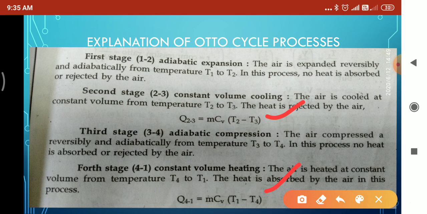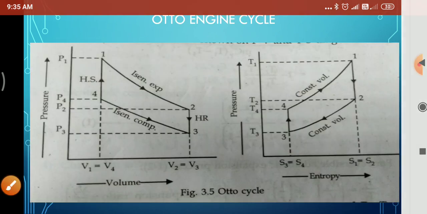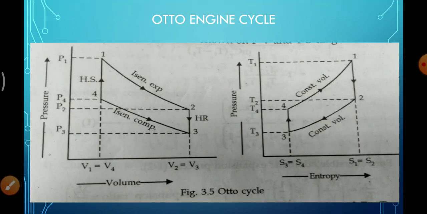And in the first stage and in the third stage, heat remains constant. That's why there is no supply or rejection of heat from the system. In this cycle, heat is supplied or rejected when volume remains constant. That's why this is called the constant volume cycle.